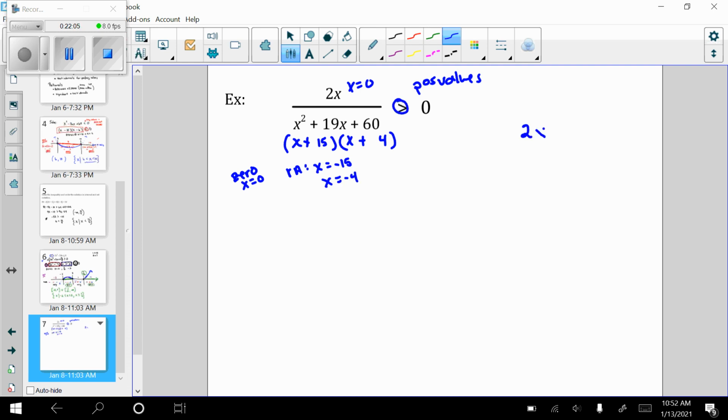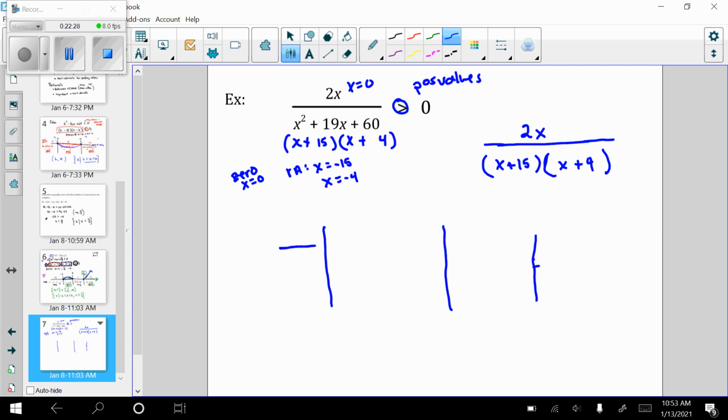So here is the function that I'm going to be using to plug in my values to determine positive or negative. And this is going to be a fraction, so it'll be a little bit different. x plus 4. Okay, so I need to set up my sign chart table. I have 3 values to worry about, smallest to largest: negative 15, negative 4, and 0.